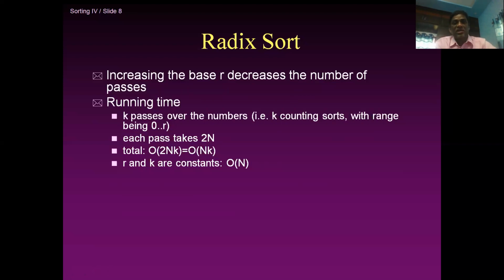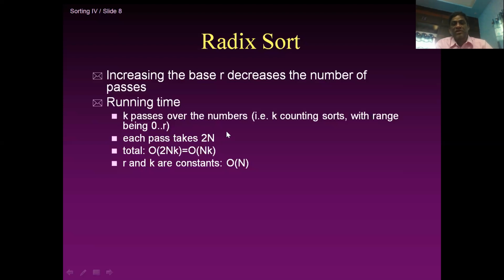How many passes are required? Assuming that there are k digits in the numbers, you require k passes to perform the sorting. And how much time is required in each pass? In each pass, if you observe, you need to insert n elements into the respective bins, and then take out all the n numbers after placing the elements into bins.